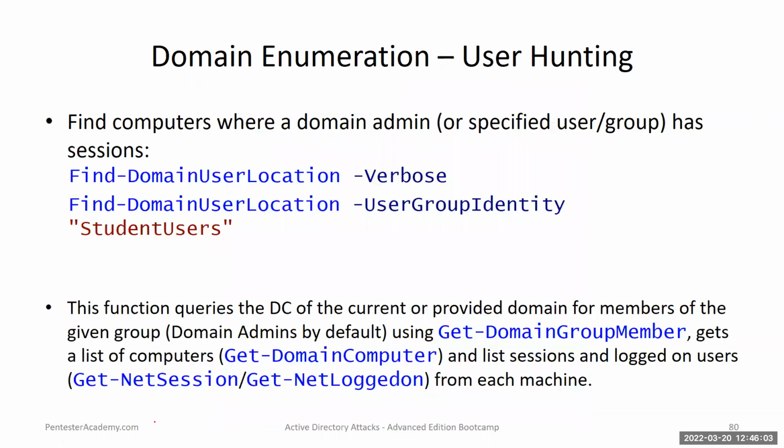Pretty similar, but a more impactful use case is user hunting. That is, if you want to check if there is any machine in the domain where a domain admin has a session, and if your current user has local admin privileges. The idea is, if the domain admin has a session on any machine in the domain, and if you have local admin access there, it would be possible to extract the credentials of the domain admin.